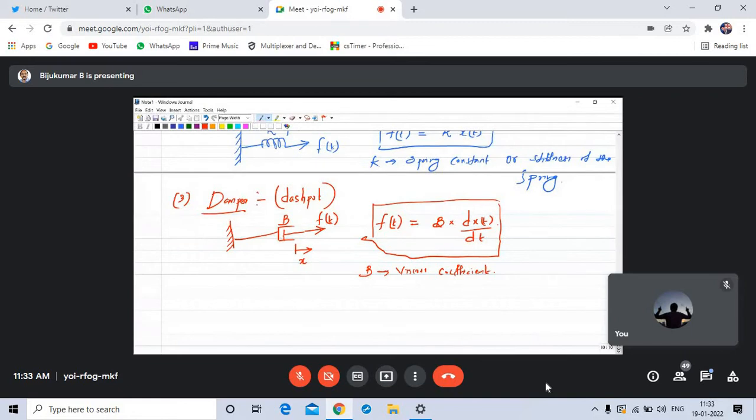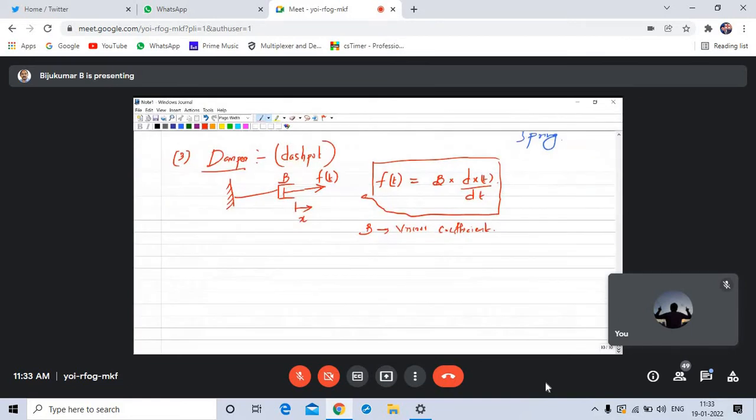Suppose I have a mechanical system like this: spring, damper, and I have a mass M. This is K. This is B. The displacement is X. Let f of t be the applied force.